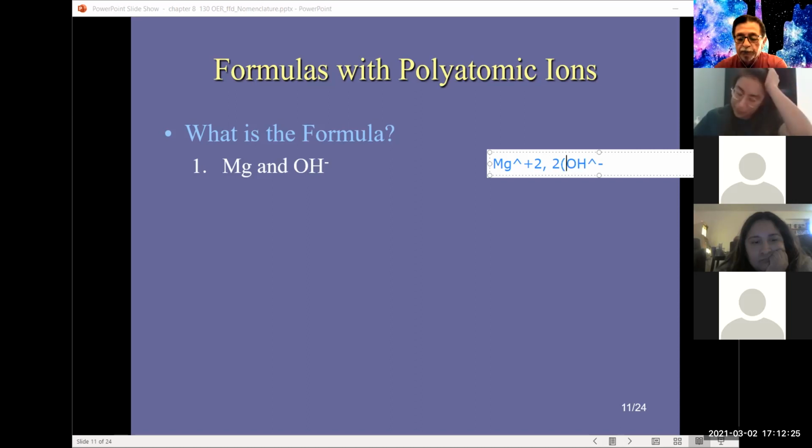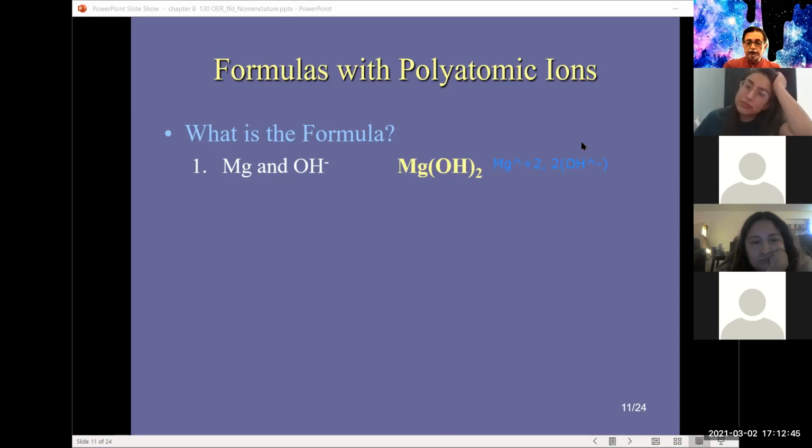But this is where we put in our parentheses, okay? We don't change the oxygen and put a subscript oxygen or the hydrogen. This is the unit. You do nothing to the unit. You just put a parentheses around it and then a subscript to tell you how many of those polyatomic ions you need. And so you end up with this formula. And the name here would be called magnesium hydroxide.